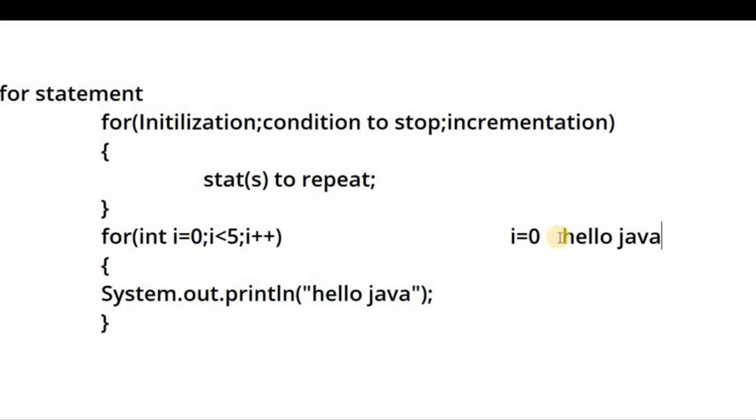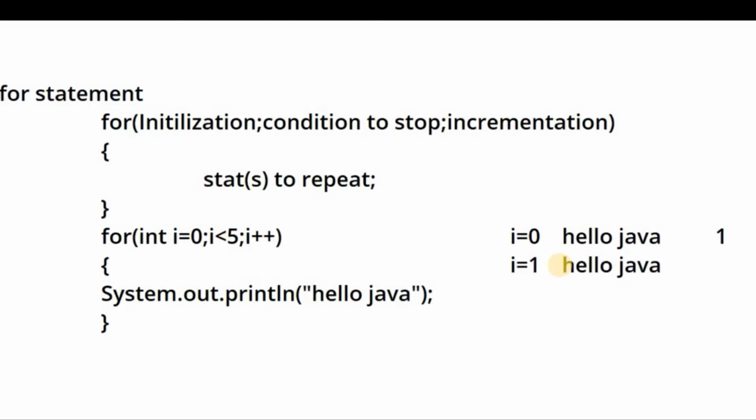But i is incremented for the next time as 1, not for the current iteration. That means next time it will not go to the initialization part. Directly it takes i is equal to 1 and again it prints hello Java.